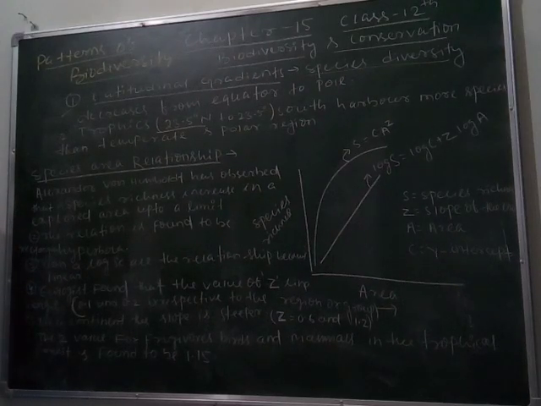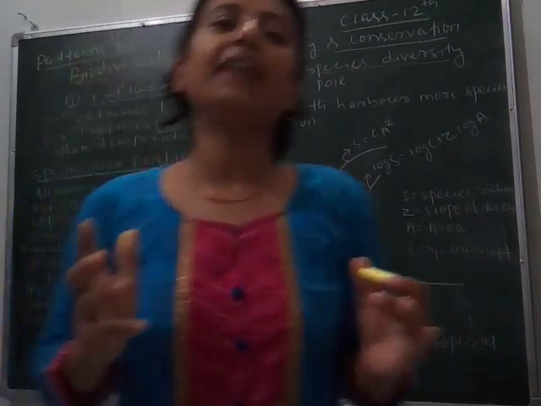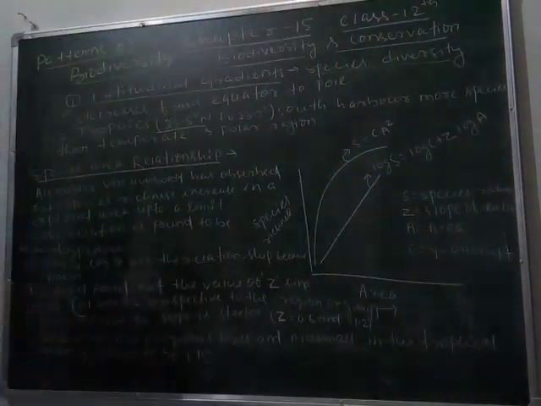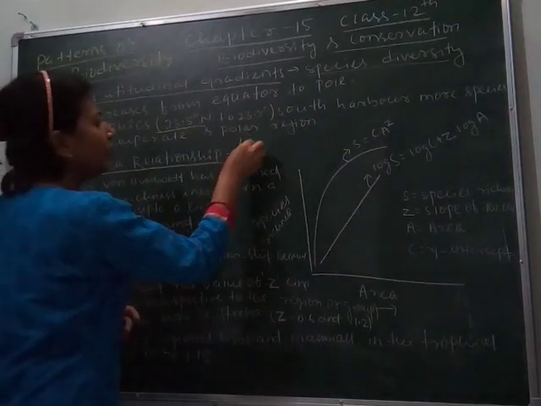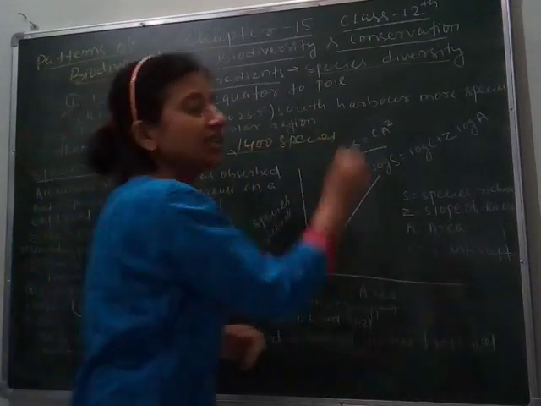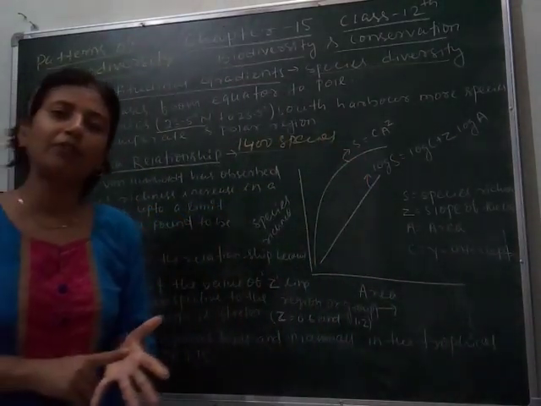As we know, for example, Colombia has different varieties of species, like 1400 species of birds. Species means different types of birds, like peacock, parrot, pigeon.